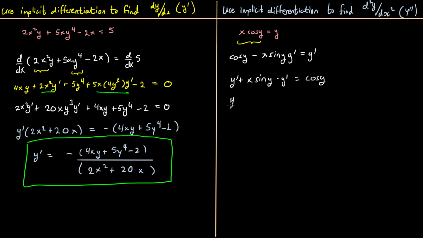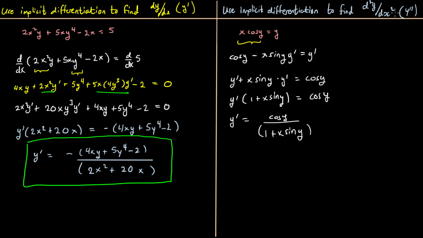So y prime times 1 plus x times sine of y is going to be equal to cosine of y. And then we can go ahead and divide through. So y prime is equal to cosine of y divided by 1 plus x times sine of y. Okay, so this is y prime.